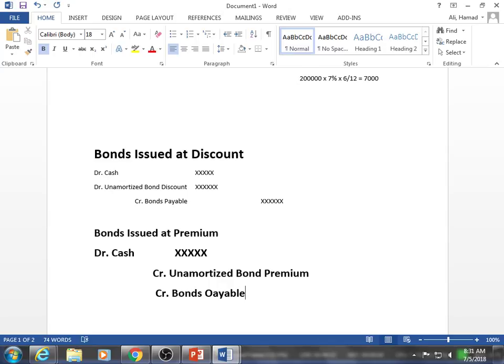When a bond is issued at a premium, we debit cash, we credit unamortized bond premium and bonds payable. Those are the generic journal entries.